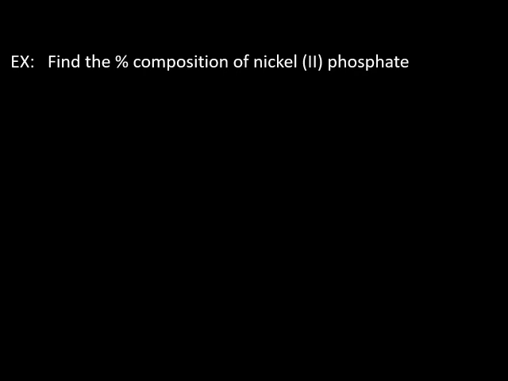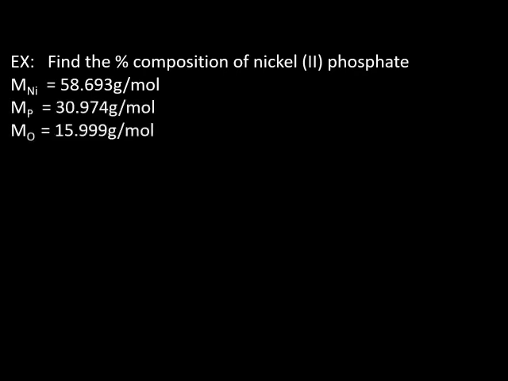All right, try this one. Put me on pause and see if you can work it out first. Make sure you get the formula right. Okay, so we need the molar mass for the nickel, the molar mass for the phosphorus, the molar mass for the oxygen, and the compound itself.